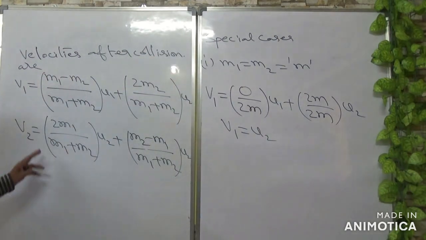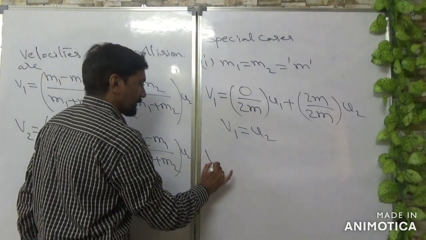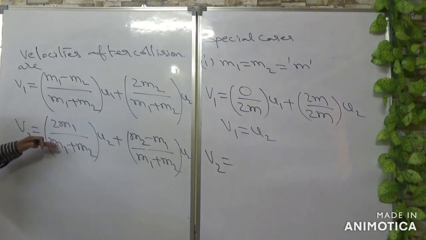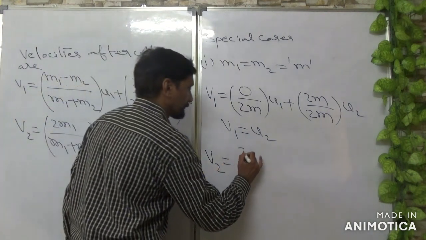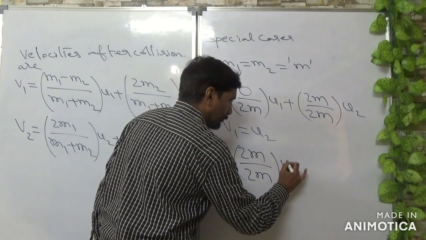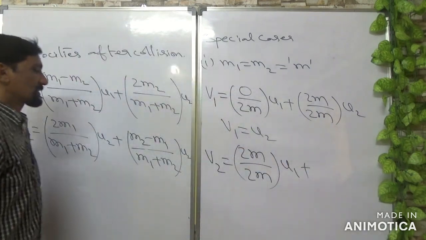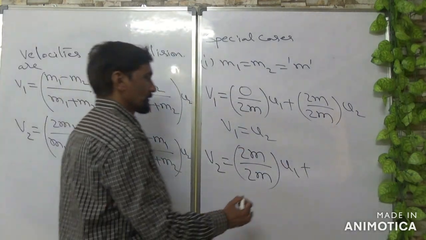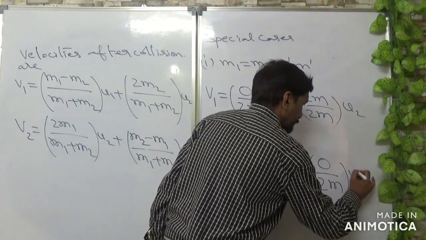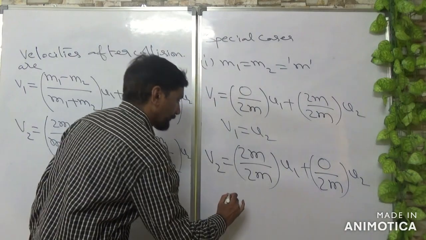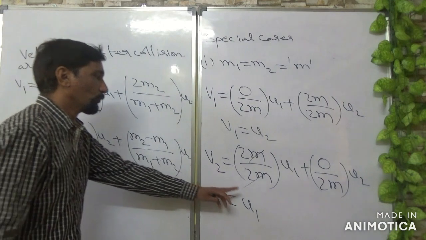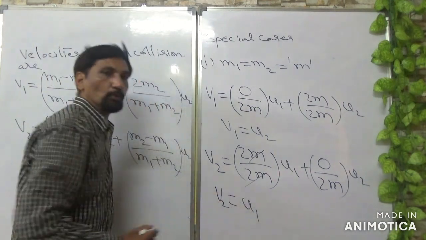And for the second one, v2 is equal to 2m by 2m into u1, plus m minus m, 0, by 2m into u2. The 2m cancels, so v2 equals u1.